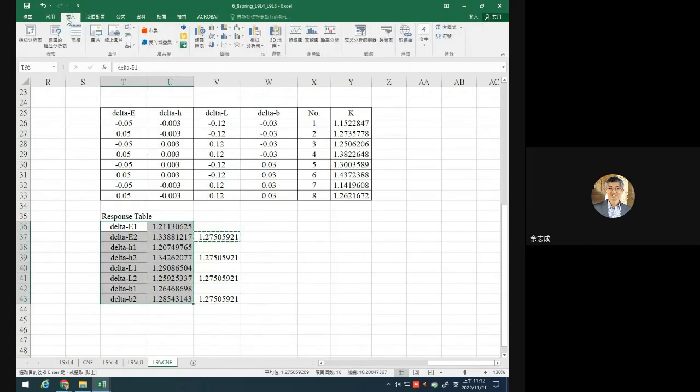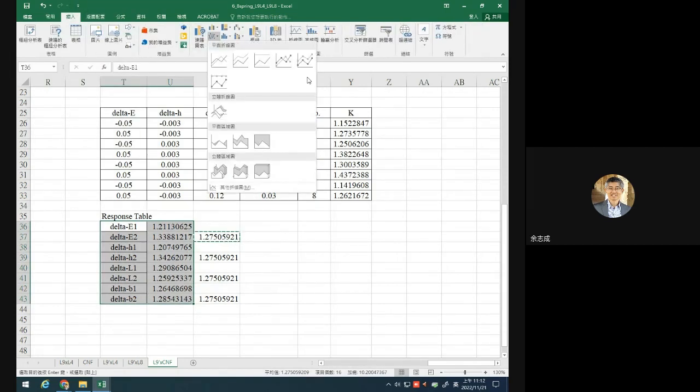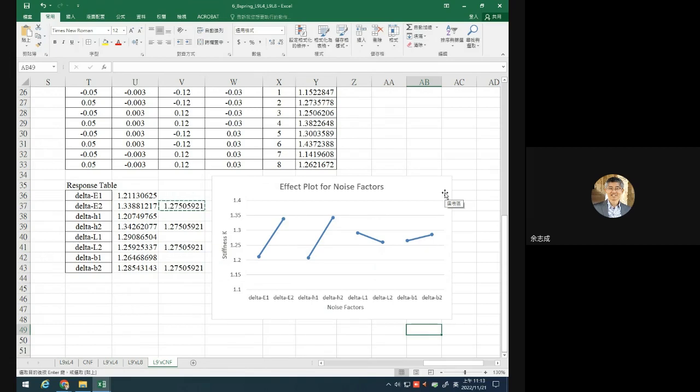Insert effect plot. Effect plot for the noise factors. As you can see, these 2 noise factors have a larger influence, right? Young's modulus and H will have a larger influence, and these 2 have a smaller influence. So you can understand that we should consider delta E, right? It is a strong influence.